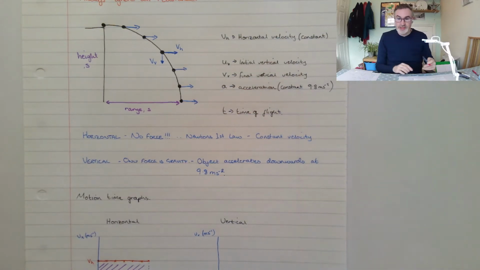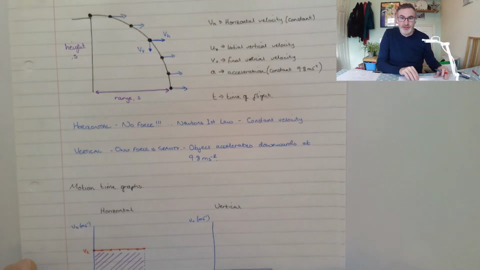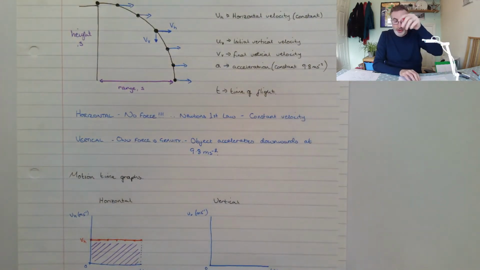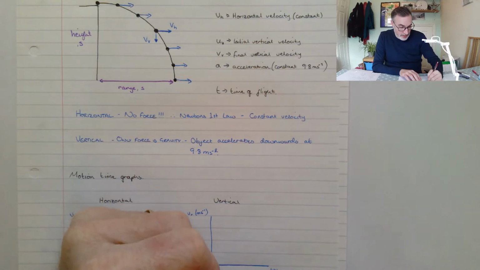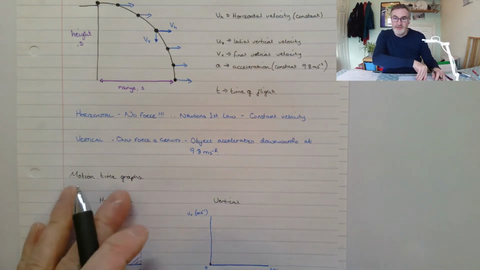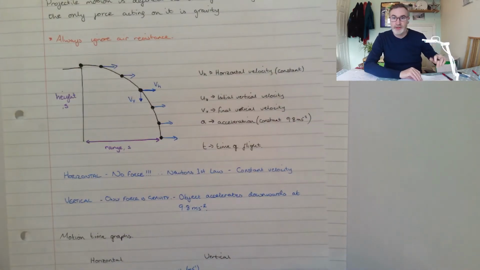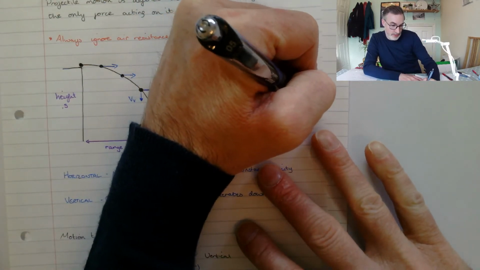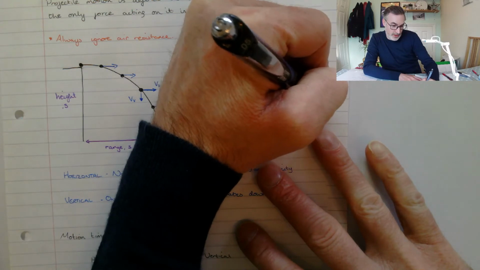So always with projectile motion, certainly if you're projecting it horizontally or just dropping it down, the initial velocity is always going to be 0. So when time is 0, v is 0, and we could put in there: always 0.